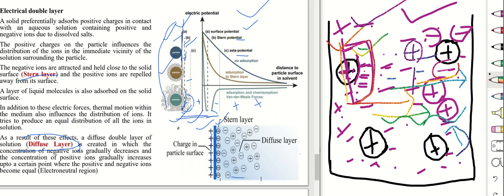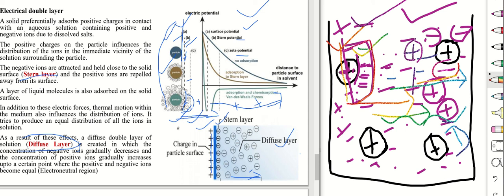Now as we move away from the particle, there will be migration and diffusion of ions, hence it is known as the diffuse layer. The diffuse layer is also known as the Gouy layer in a few literatures. So as we move away from the particle, slowly there will be diffusion of ions.